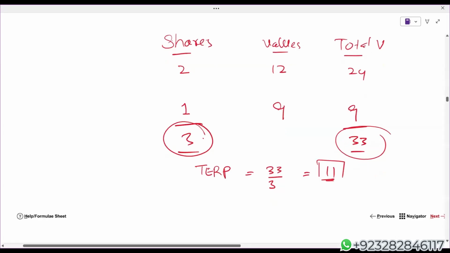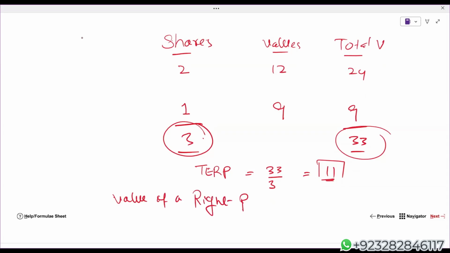Okay, now if I calculate the value of a right per new share, another name is gain per right.